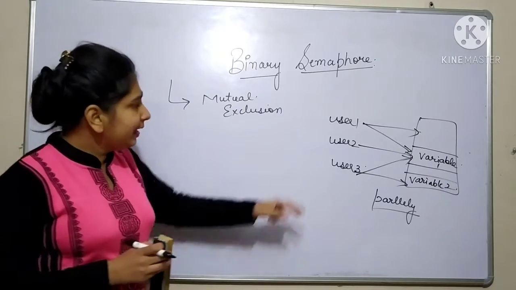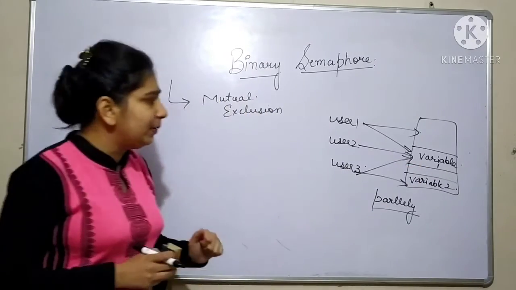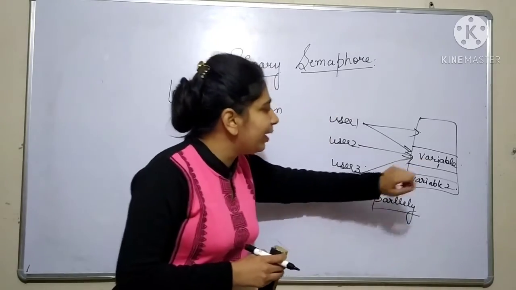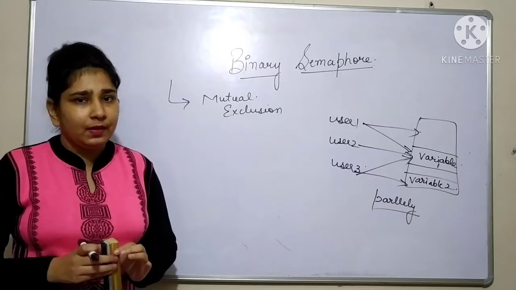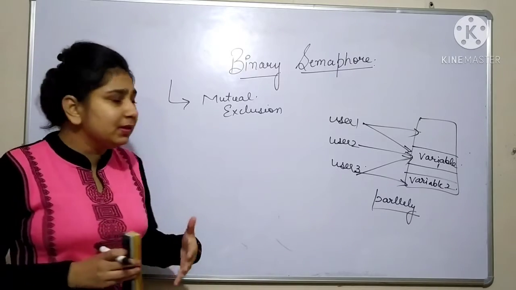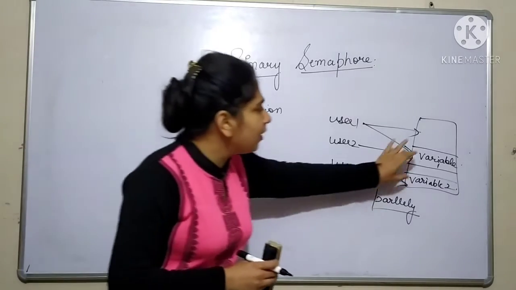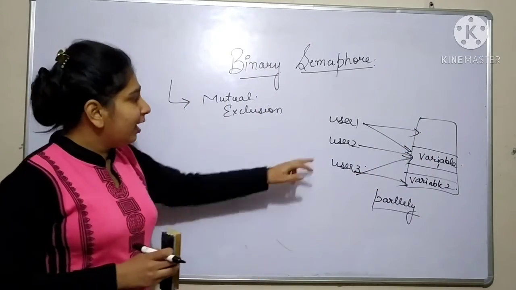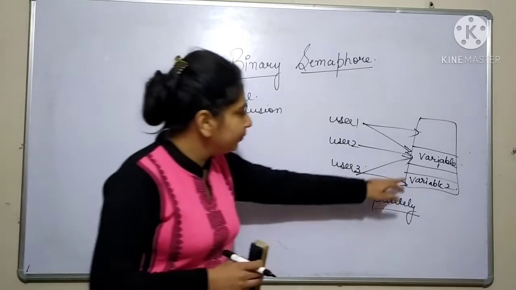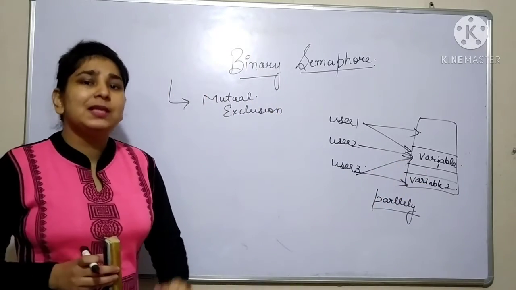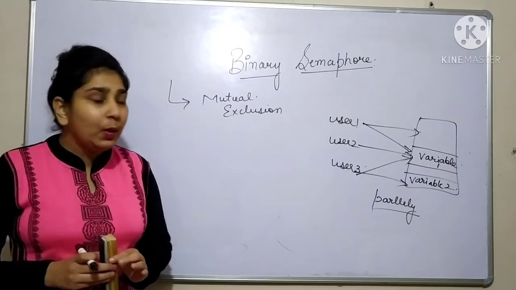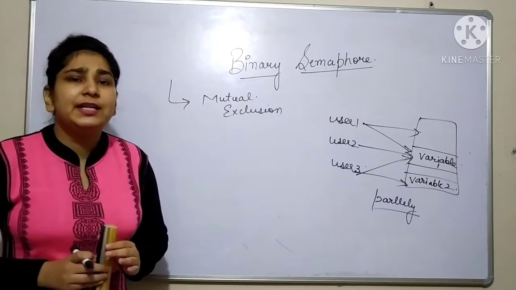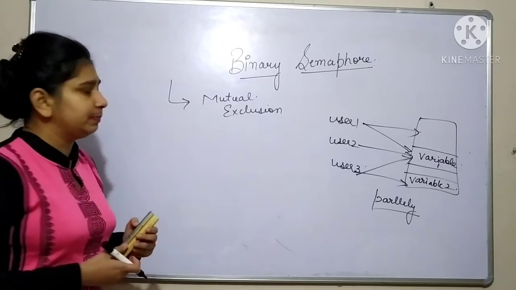But if they are accessing the same variable, we let only one user access it at a time, and when that user has performed all of its manipulations, then another user takes access of the same variable. So whatever algorithm you design, the first condition is mutual exclusion.